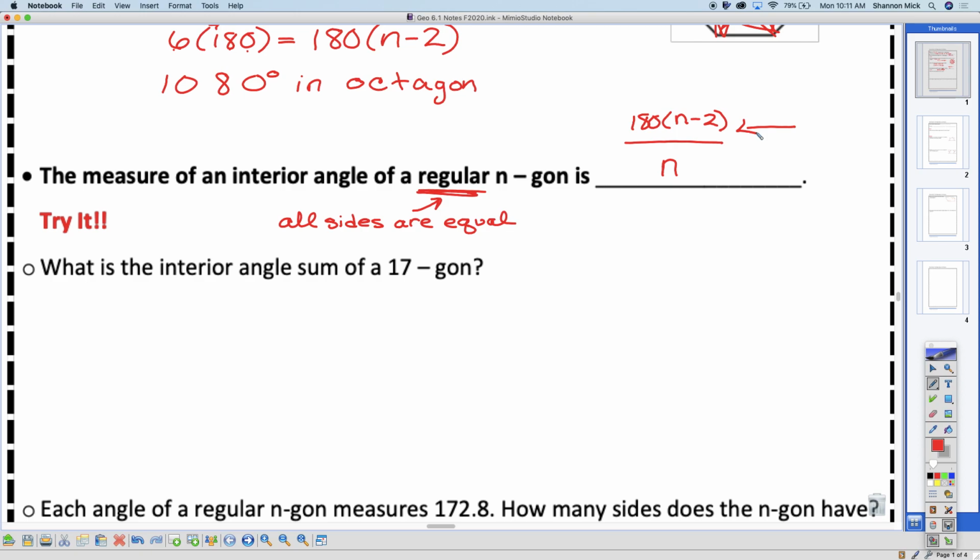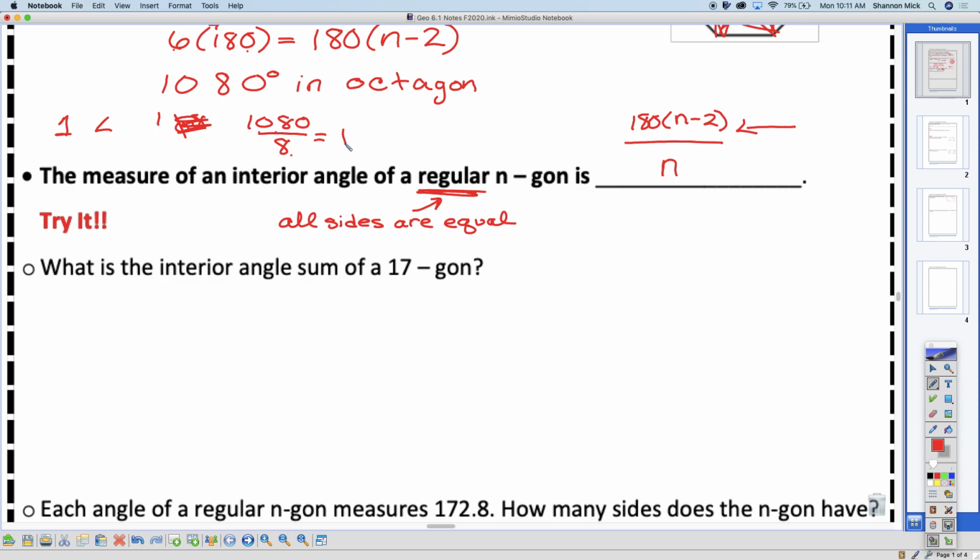So if I had a regular octagon up here, we found there was 1,080 degrees in the whole thing, yes? We could find one of those angles. It would be what? 1,080 divided by 8. 8 goes into 10 how many times?